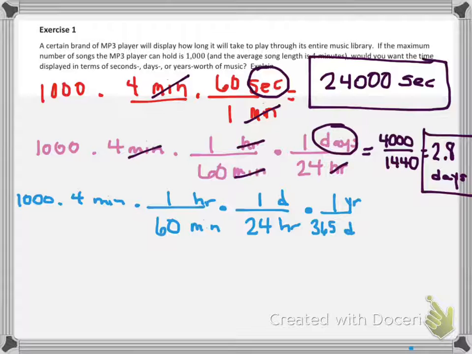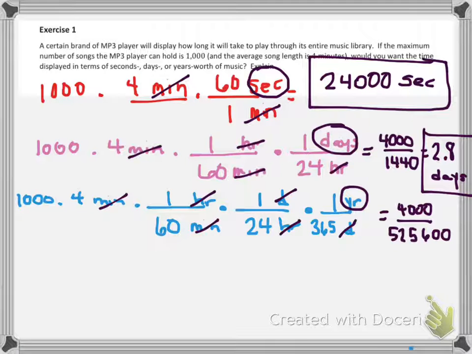Okay, and so when we do that, we get some canceling again. The minutes cancel with the minutes, the hours cancel out, the days cancel out, and I'm left with years, and that's what I want. So 1,000 times 4 gives me 4,000 on the top, and on the bottom, 60 times 24 times 365 is 525,600.